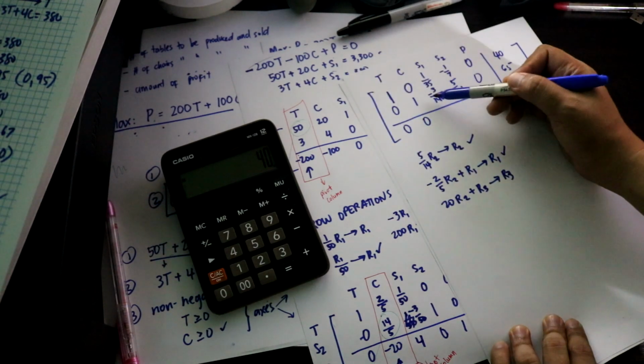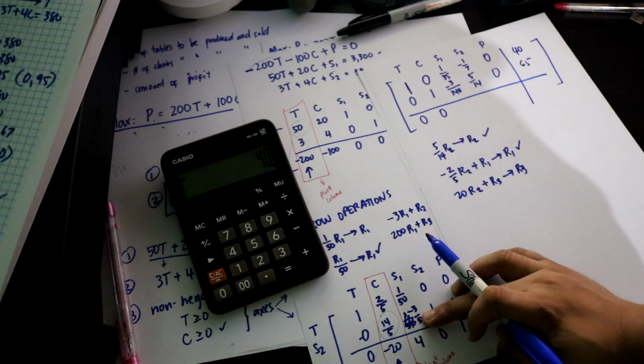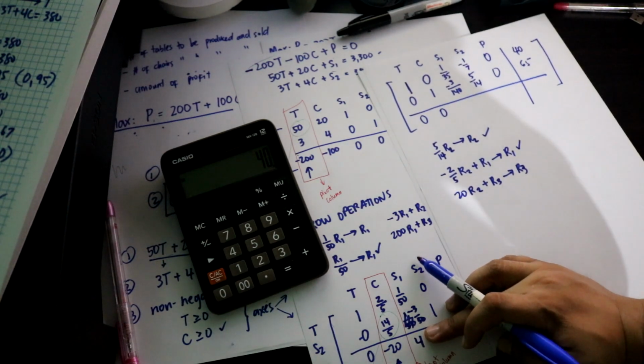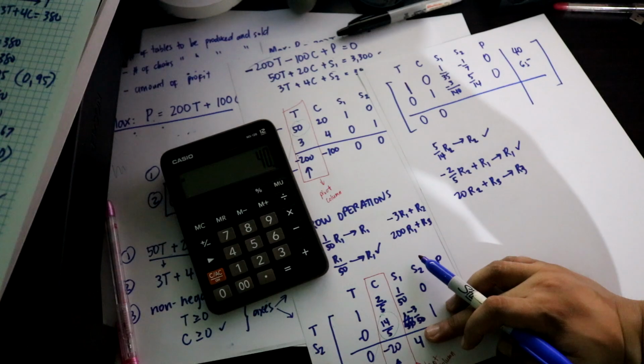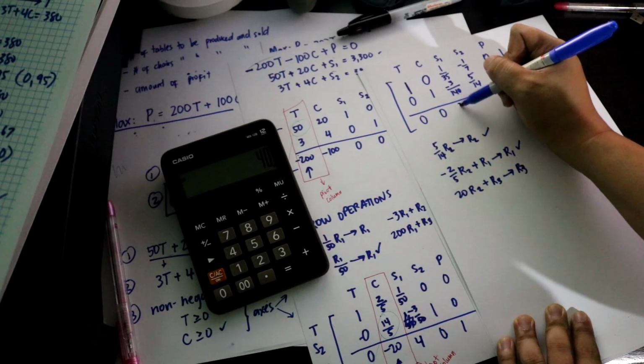So that's negative 3 over 7, plus 4. 4 is 28 over 7. So plus negative 3 over 7 would be 25 over 7.